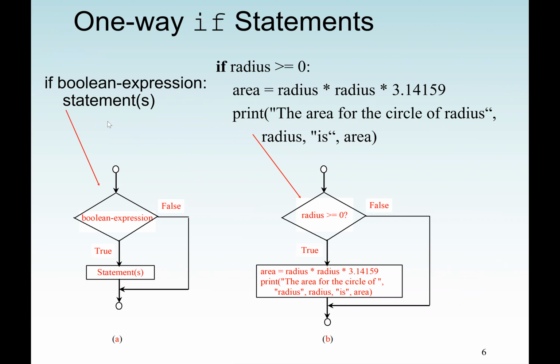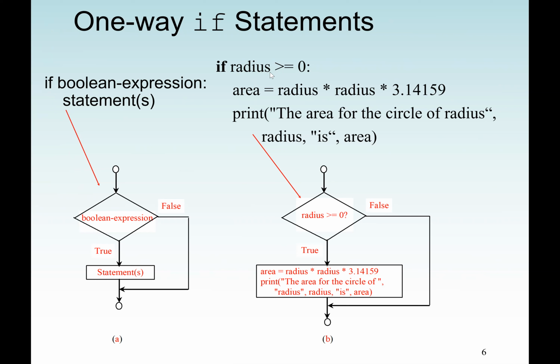As we said in our previous lectures, if our statement is aligned with if, that means the statement is outside the if condition. So for example, if we write a statement and the if are aligned to each other, it means the statement is not inside the if condition. So let's see the example they use here.